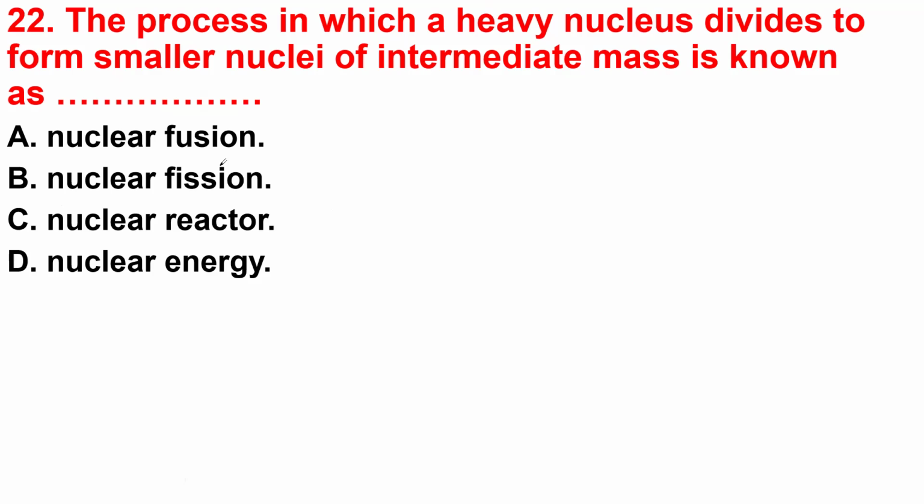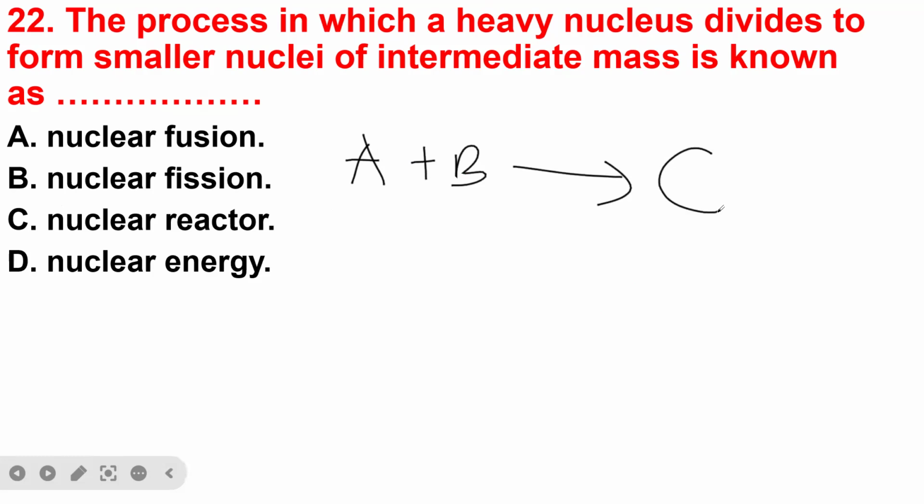Number one, we have nuclear fusion. Nuclear fusion is when smaller atoms, like A plus B, combine to produce a larger one. Fusion means combination.